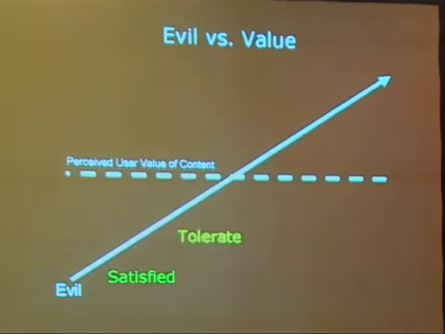As it approaches that threshold, they tolerate it. They're not happy, they may complain a little bit, but they'll still do it. Then they cross the threshold, and they start becoming annoyed, and then angry. When they become angry, they're going to go somewhere else, they're going to blog about it, they're going to tell their friends not to go there. And we've all been there.